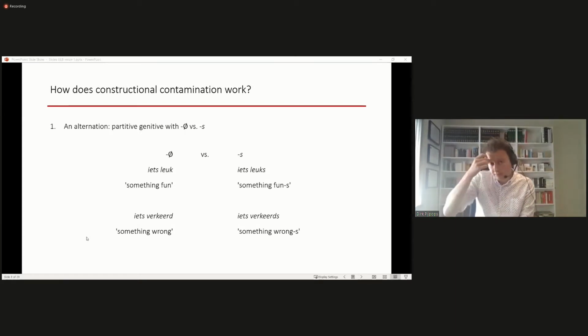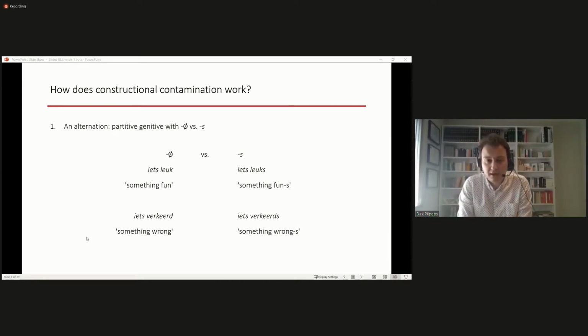So the first step in constructional contamination is that you need a piece of morphosyntactic variation, so a morphosyntactic alternation. For instance, in Dutch, we have the partitive genitive construction, which is a combination of an indefinite pronoun and an adjective that together form a noun phrase. So for instance, iets leuk, something fun, or iets verkeerd, something wrong.